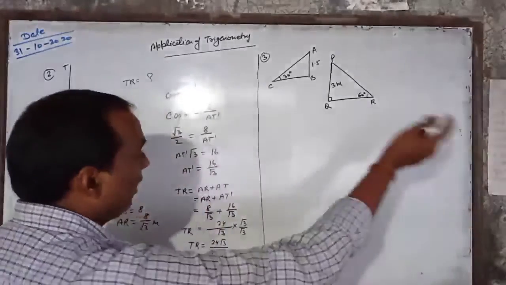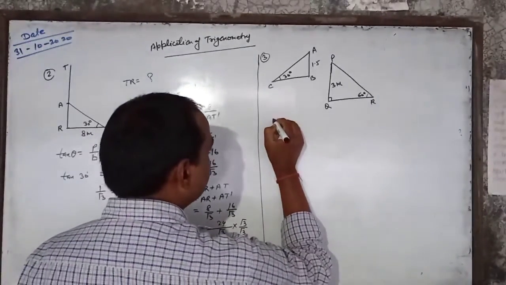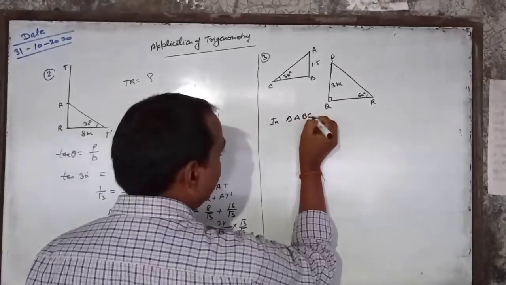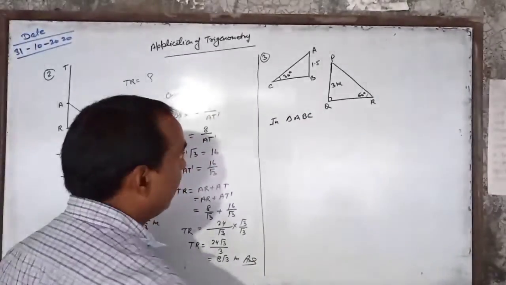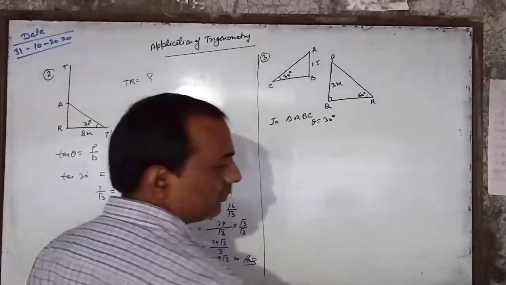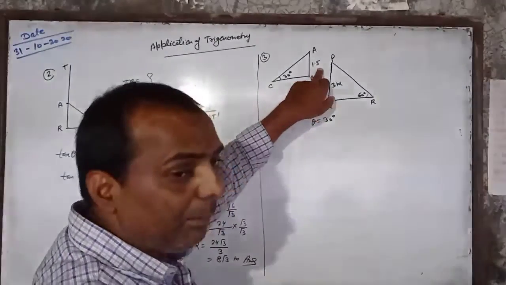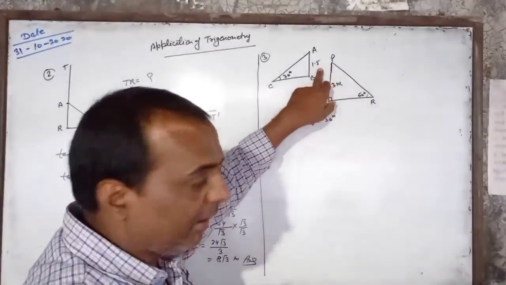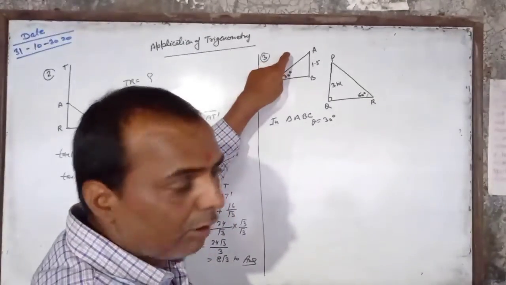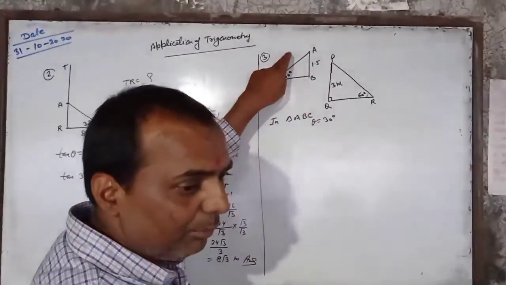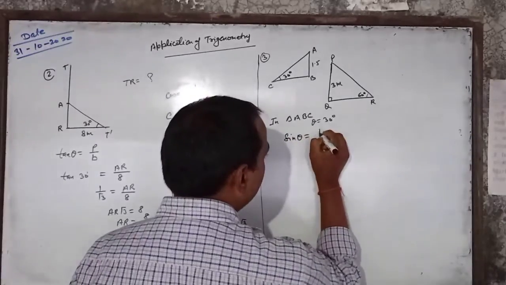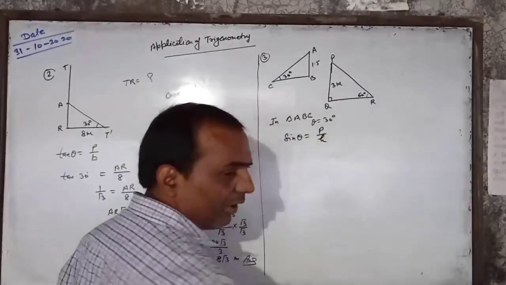Now here at first in triangle ABC, here theta is given 30 degree, height it means perpendicular is given 1.5, and we have to find the hypotenuse. So perpendicular and hypotenuse, the relation is sin theta, perpendicular by hypotenuse.